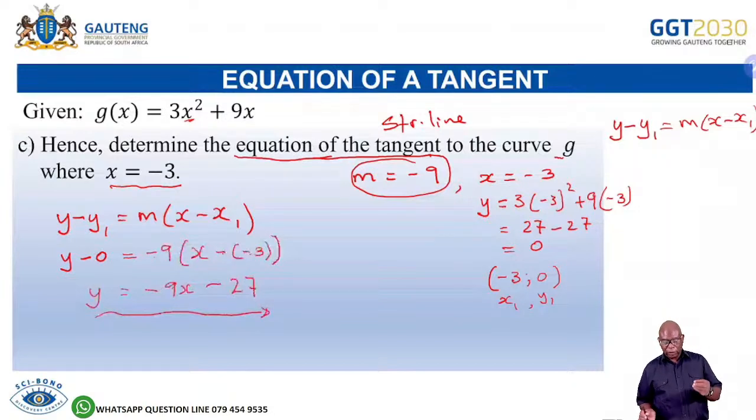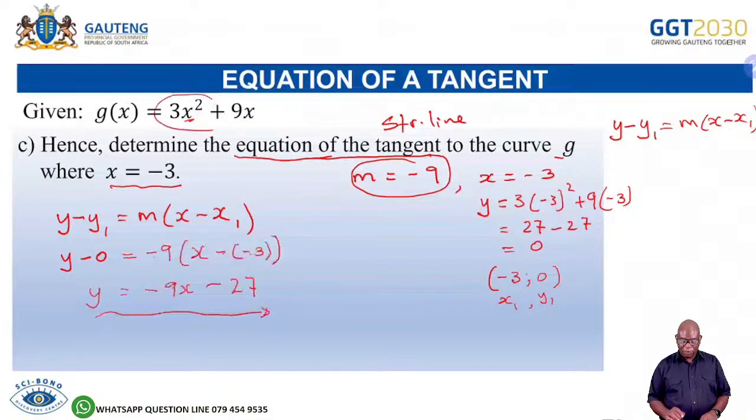The equation of the tangent is the equation of the straight line, because the tangent is a straight line. So meaning that if I've got that graph here, the tangent, which is going to pass at -3 and 0, the equation of that tangent will be -9x minus 27.